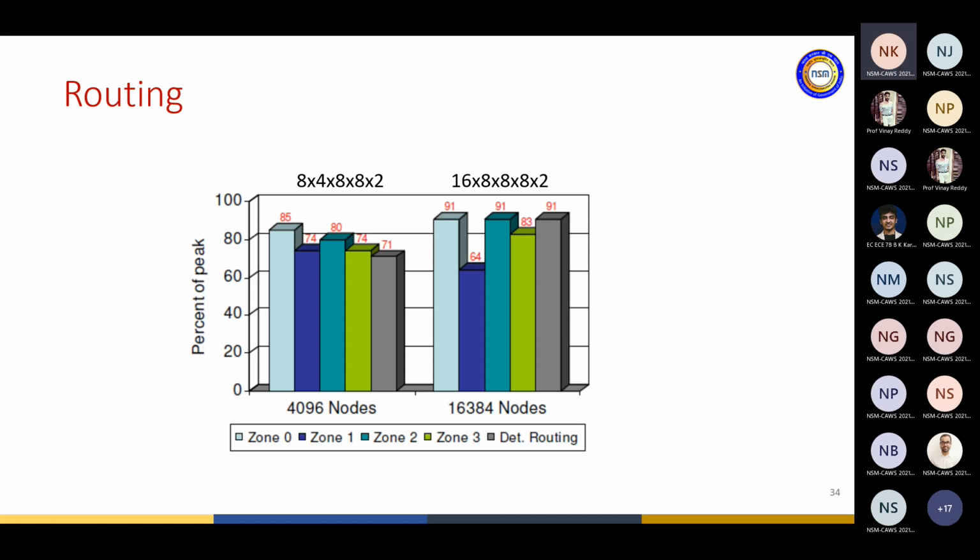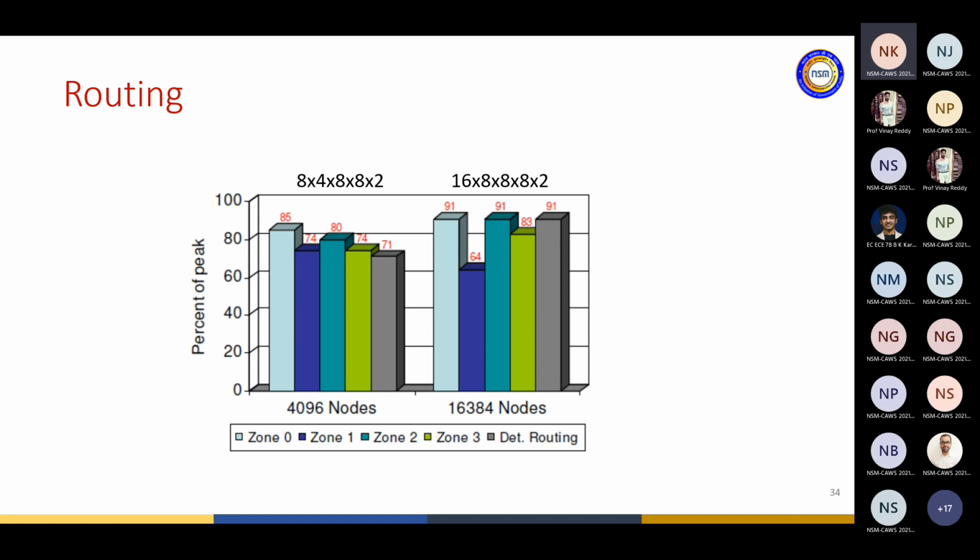Of course, a static routing policy may not always be good. So these supercomputers have adaptive routing and so on. But here, what I was trying to show in this figure is that they have compared different routing policies for these two different systems.